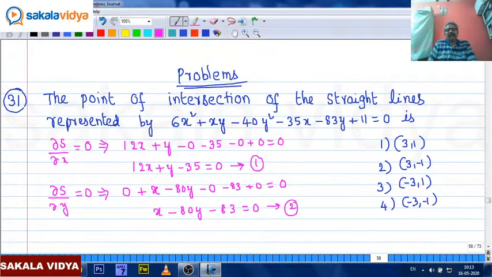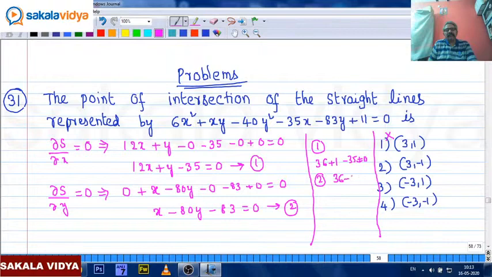So better verify with the options. Take the first option, 3, 1. Substitute 3, 1 here: 36 plus 1, 37 minus 35 does not equal 0. So the first option is eliminated. Second option: 36 minus 1 minus 35 equals 0. Yes, the second option is considered.